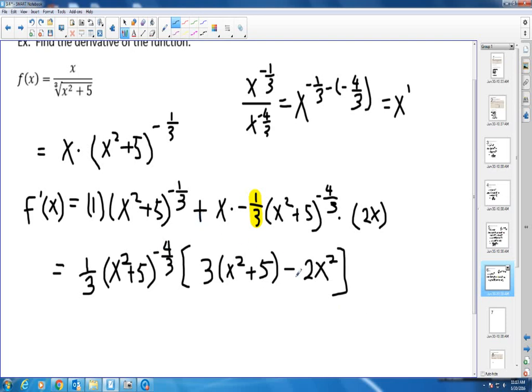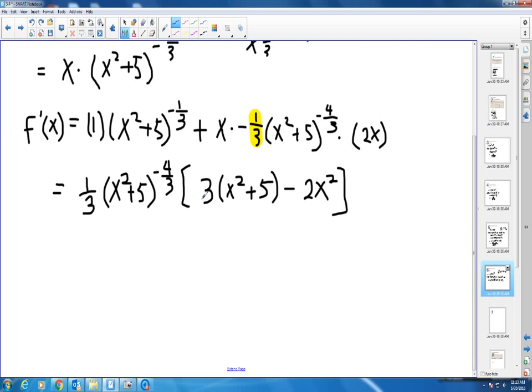This minus sign comes from the plus sign becoming negative because of the negative right here. So the only thing left for the second term would simply be x times 2x squared. If I simplify inside the bracket, that will be 3x squared minus 2x squared equal to 1x squared. So that will be 1x squared. 3 times positive 5, positive 15.